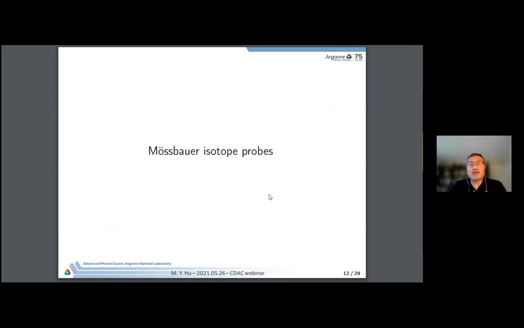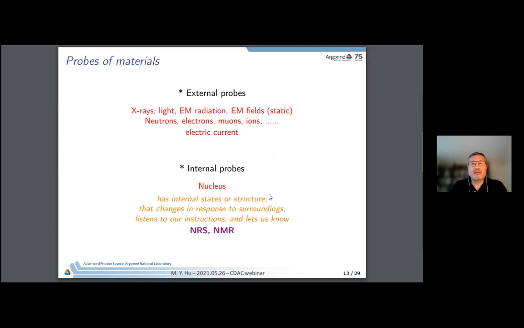Okay, so now we're going to talk a little bit more about these Mössbauer isotope probes. You know isotopes, and there is a particular subset of isotopes which can be utilized to probe solids and materials we're interested in. Talking about probes, we're all very familiar with external probes.